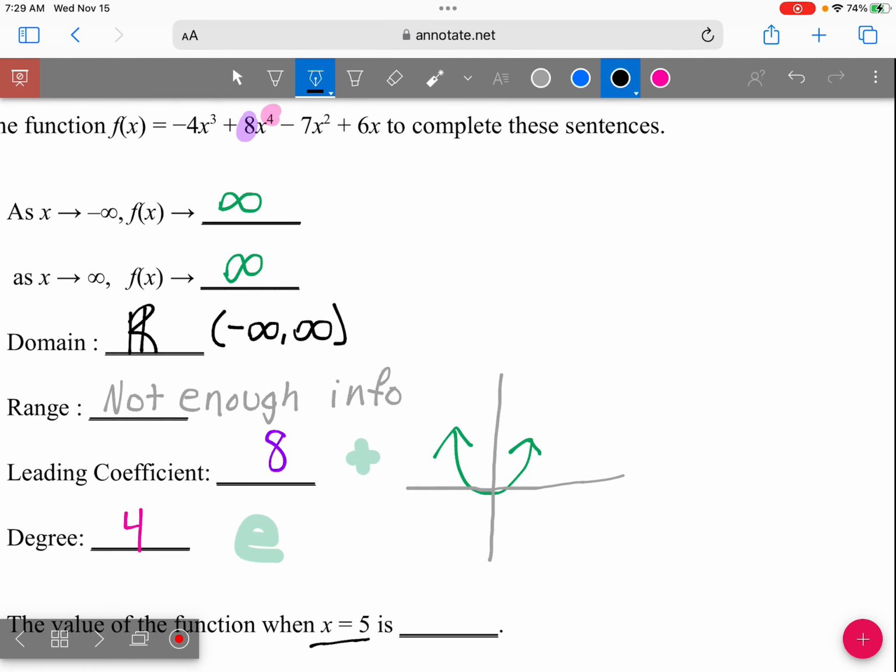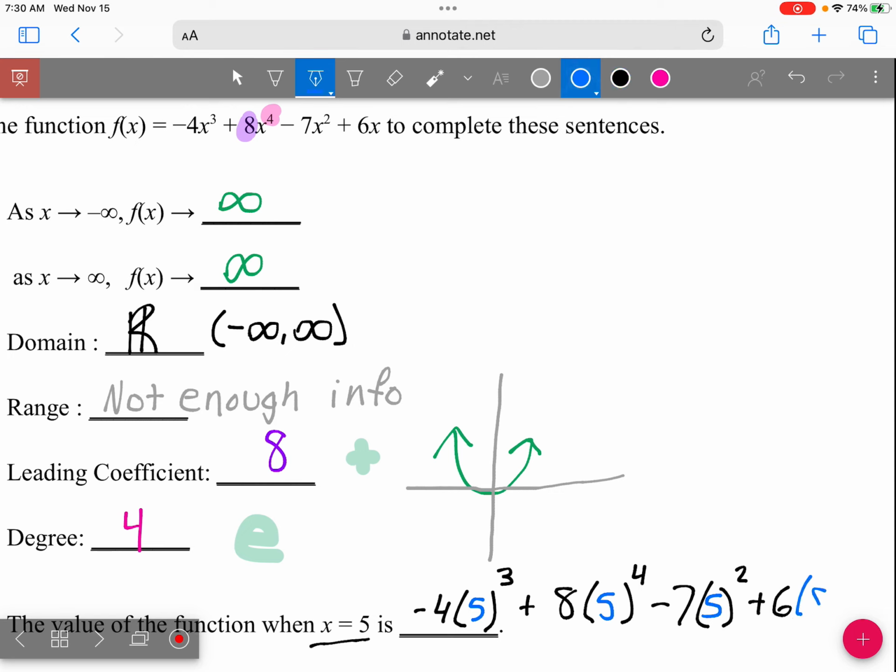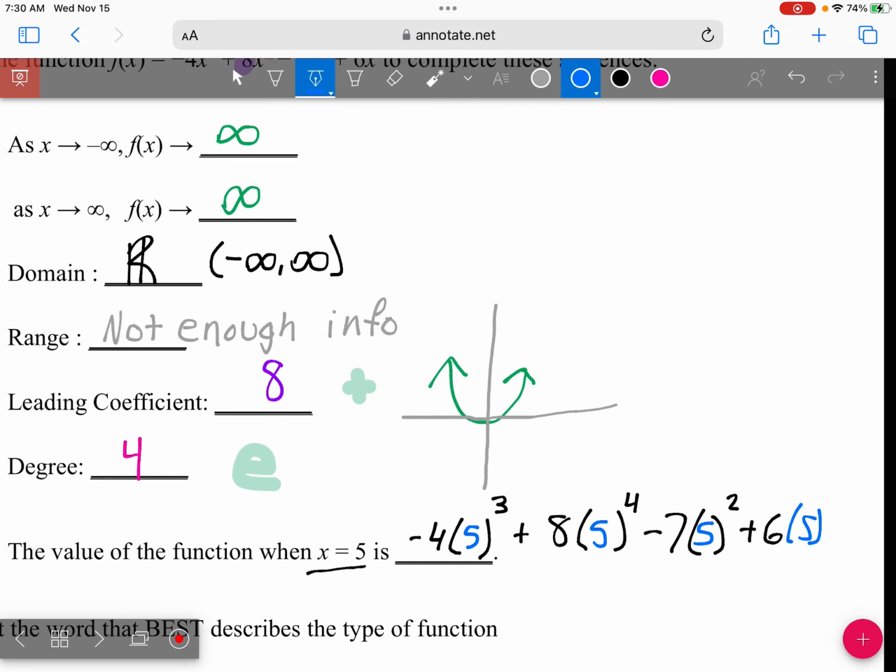So we're going to have our negative 4 times 5 cubed plus 8 times 5 to the 4th minus 7 times 5 squared plus 6 times 5. And we're going to type that in the calculator to get the value. So I'm going to go do that.